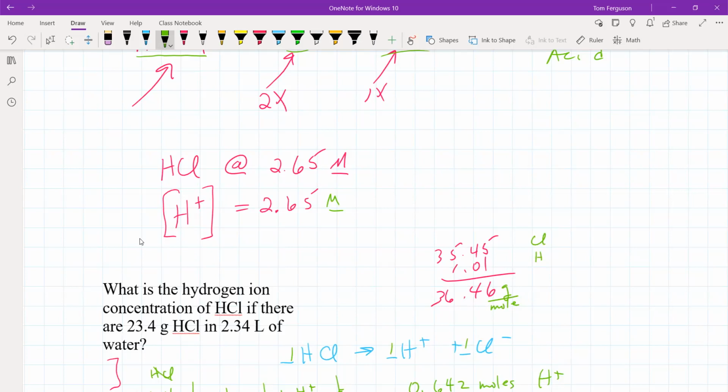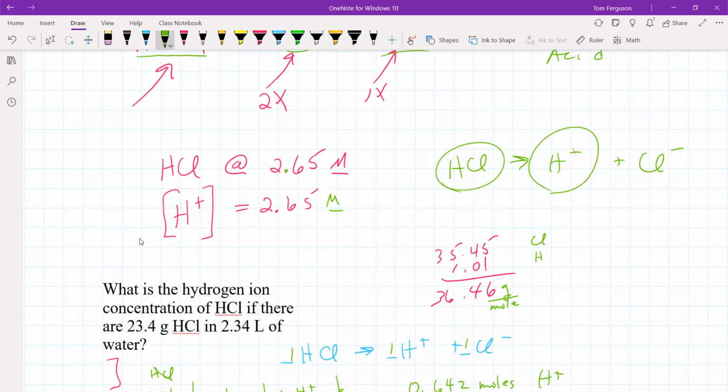Remember yesterday, I said square brackets is the same as molarity. So if the concentration of hydrochloric acid is 2.65, that means the hydrogen ion concentration is also 2.65. So if we know the concentration of that, we automatically know the concentration of that, because it automatically goes 100% to the H and the Cl side.